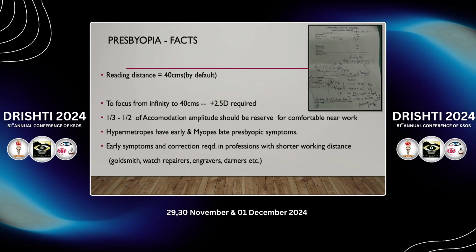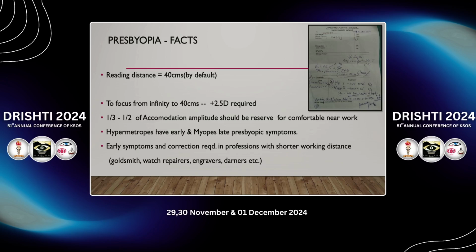Now what are certain facts in presbyopia correction? For all optical calculations we keep 40 centimeters as a reading distance by default. So to focus from infinity to 40 centimeters, that is the accommodation amplitude, what is required is plus 2.5 diopters, that is 100 by 40 or 1 by 0.4 in meters, that is plus 2.5 diopters.